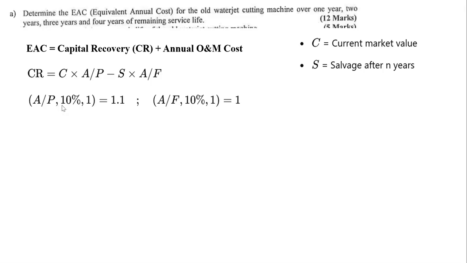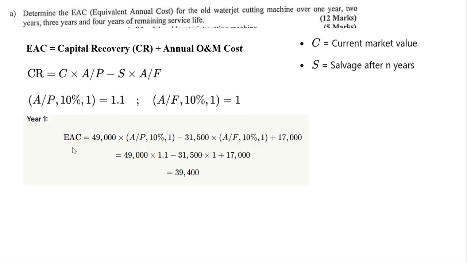So A over P for 10% and 1 year is 1.1. A over F for 10% and 1 year is 1. So for year 1, EAC is equal to 49, the current worth of the system, which is 49,000 at year 0, times A over P, 10% and 1, minus 31,500, which is the value of this system in year 1.